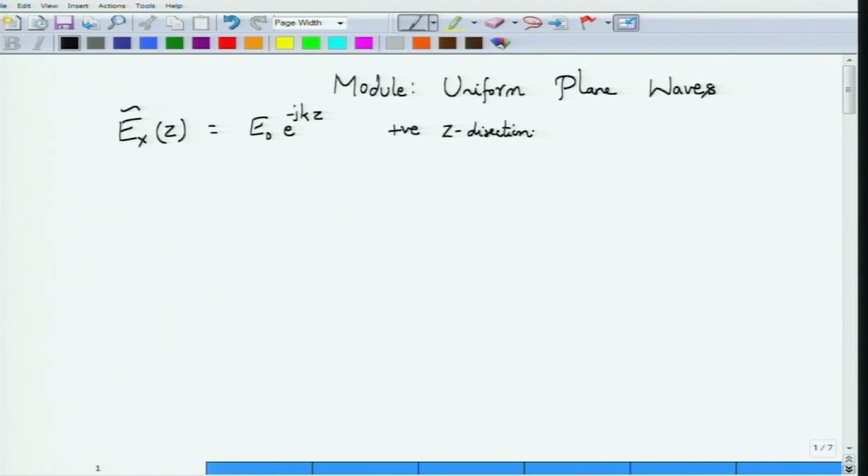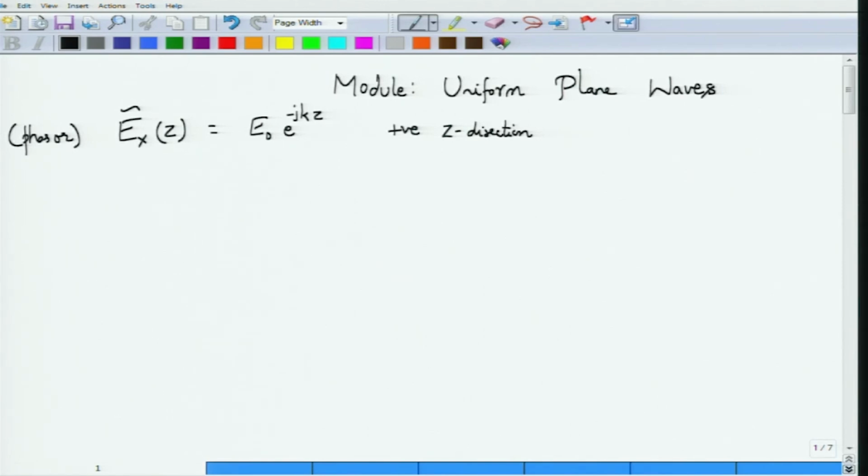The small tilde over Ex indicates that this is a phasor form, because we obtained it by solving the Helmholtz equation, which is given in terms of phasors. It is a time independent equation.